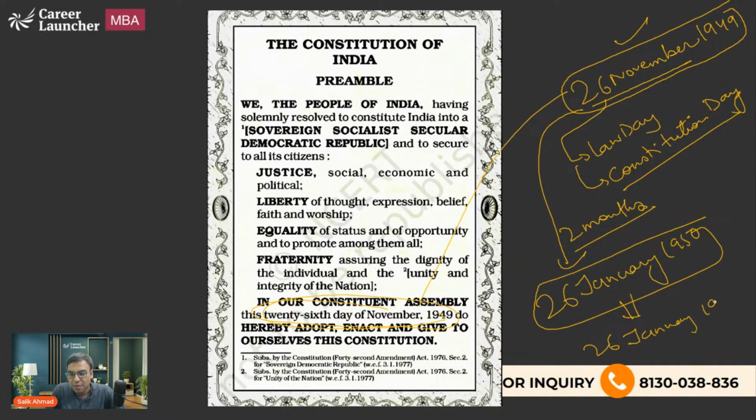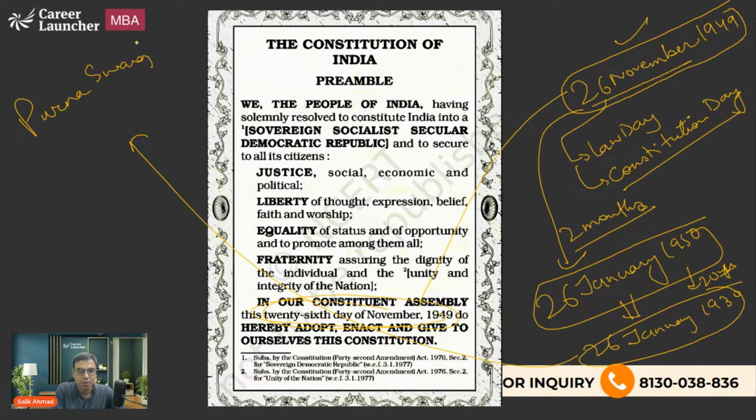Because 26 January 1930 was just 20 years back, when we celebrated this as Poorna Swaraj Divas. To remember that memory, 26 January was the day chosen to ensure Republic Day, or full implementation of the Constitution.